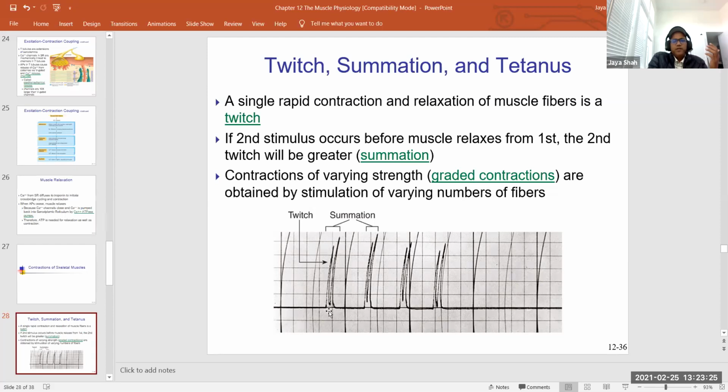And then there is relaxation. So what happened? You have muscle contraction, you have calcium inside your cytoplasm. If we don't give another stimulus immediately, there will be a big relaxation phase, this one. Okay, so we are not giving, so here is the relaxation phase.